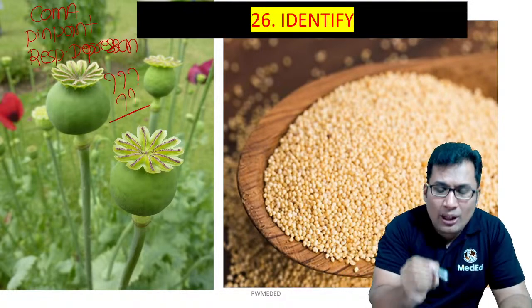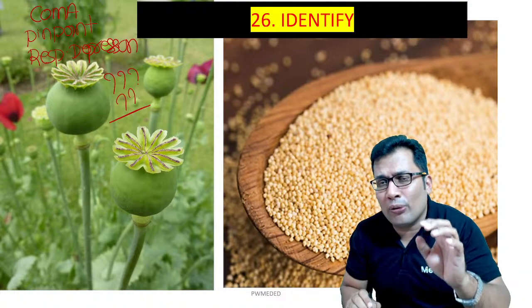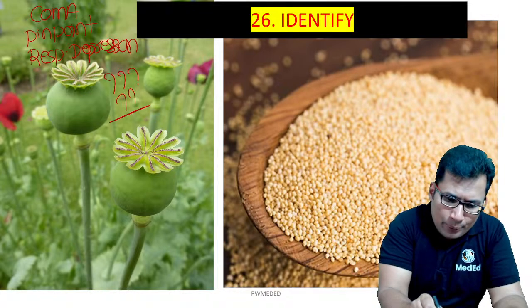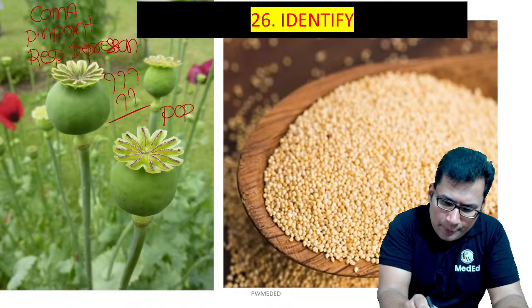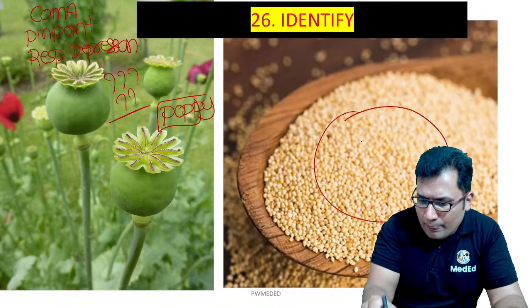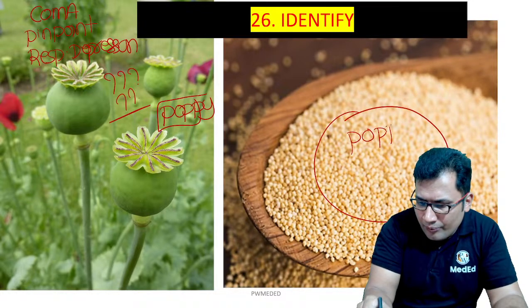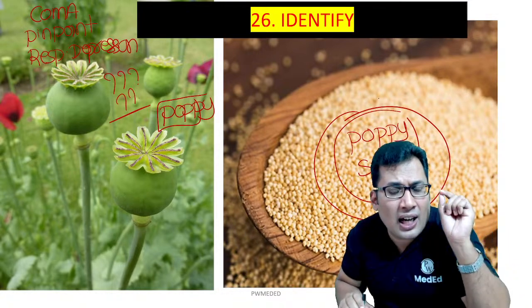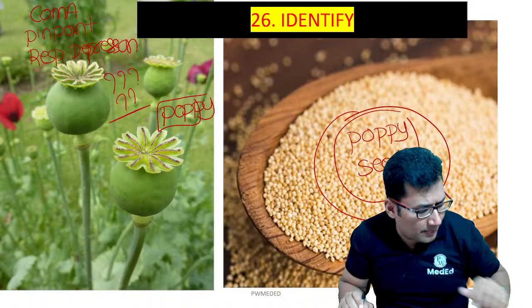So this is nothing but the plant of opium, Papaver somniferum. So this is poppy plant, and one which is visible here is the poppy seeds. Here students, are poppy seeds poisonous or not poisonous?